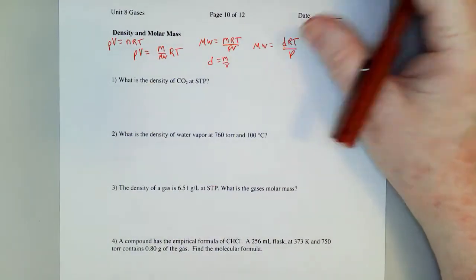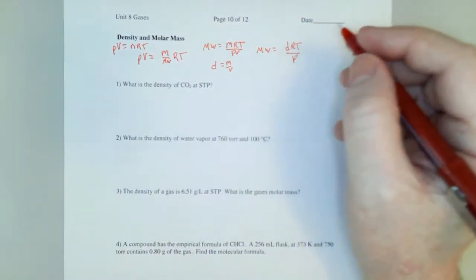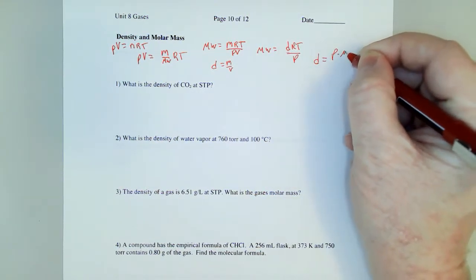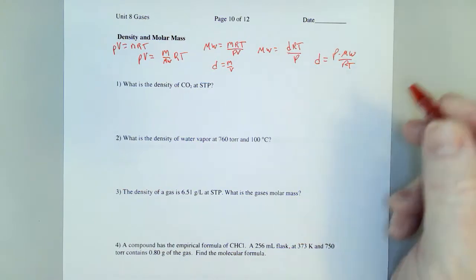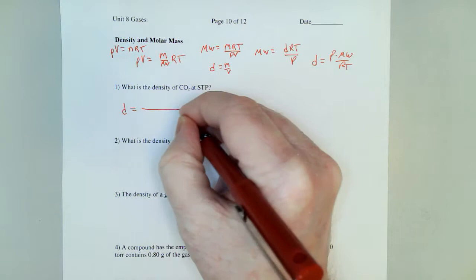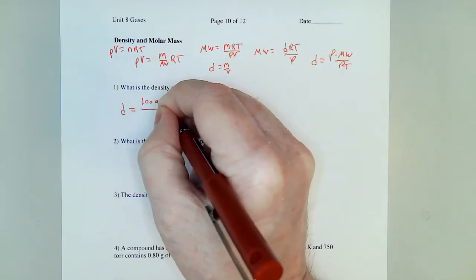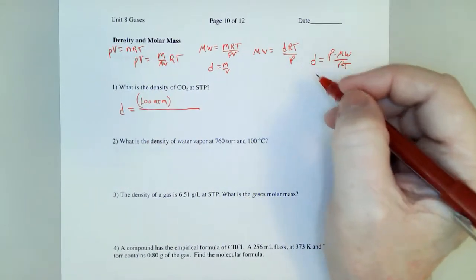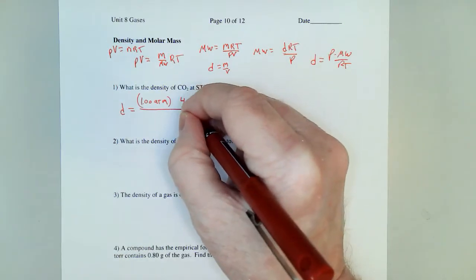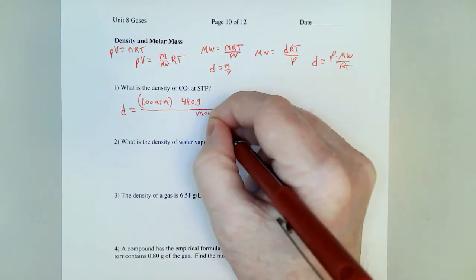Okay, so if we're looking for the density of carbon dioxide at STP, we're going to rearrange this and say density equals pressure times molecular weight over RT. The pressure at standard pressure is 1.00 atmospheres. The molecular weight for carbon dioxide adds up to be 44.0 grams per mole.